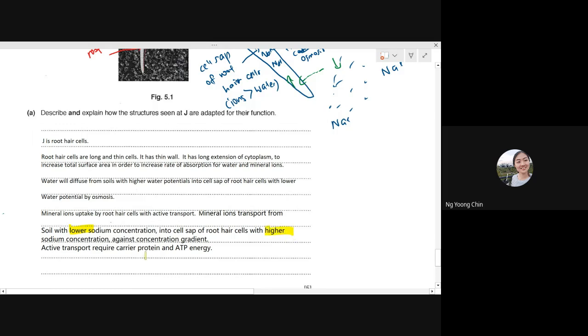So that means against. If from high to low, like high water potential to low water potential, that means it's down the concentration gradient.